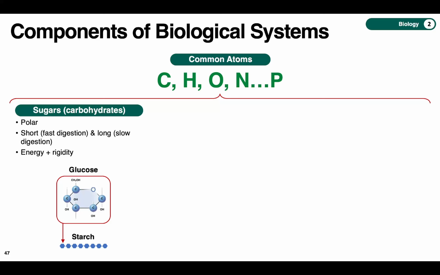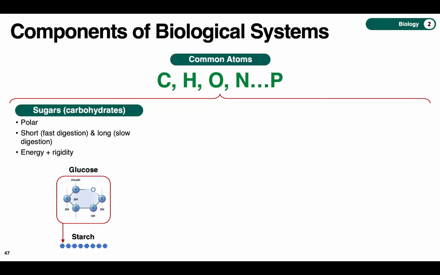The short carbohydrates are sugars like glucose, or they can release energy slowly, such as the case for long carbohydrates like starch. And you can see here, glucose actually is just a component of starch. Starch is just many glucoses linked together.